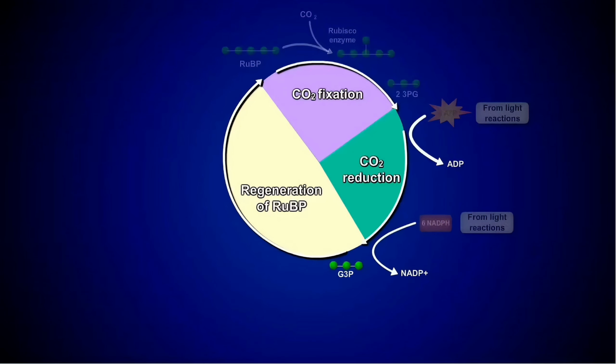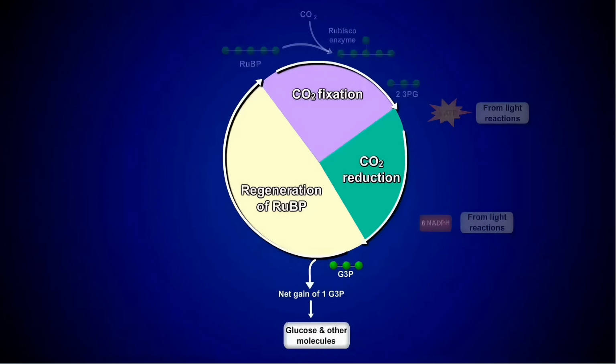G3P is a 3-carbon sugar that can be used to build glucose and other carbohydrates. For every 3 CO2 molecules that enter the cycle, 6 G3P molecules are formed. However, only 1 G3P molecule exits the cycle to be used for building sugars. The other 5 continue to the next phase.